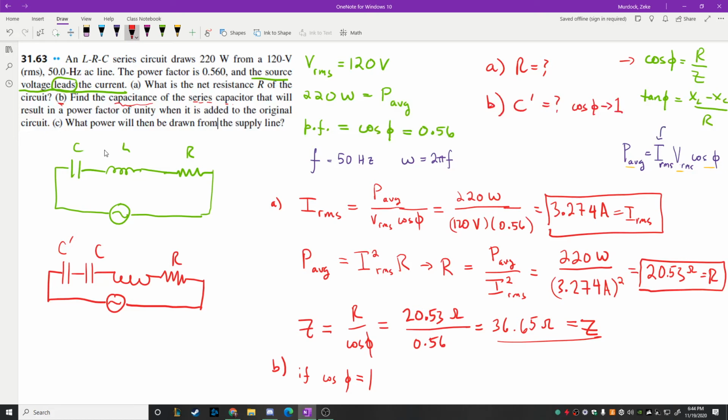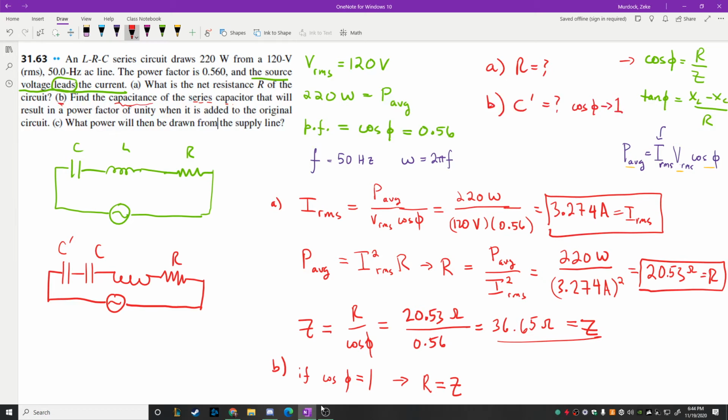Yeah, it means R over Z is equal to 1, right? So that R is equal to Z. It tells us something about phi too. Phi would be equal to 0 then, right? Because the cosine of 0 is 1.